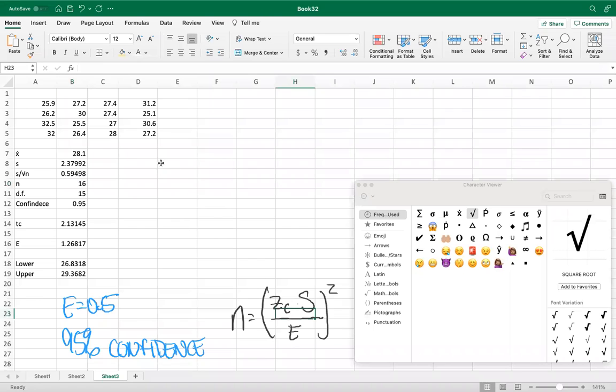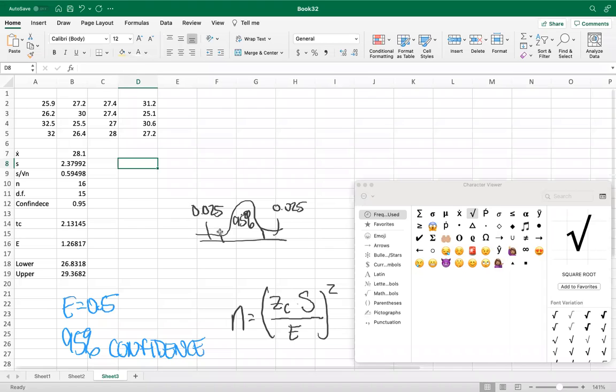With 95% confidence, 95% of our data is going to land in the middle. That means 5% is shared between the two sides, so 0.025 here and 0.025 over here. So our critical z value is going to come from 0.975.